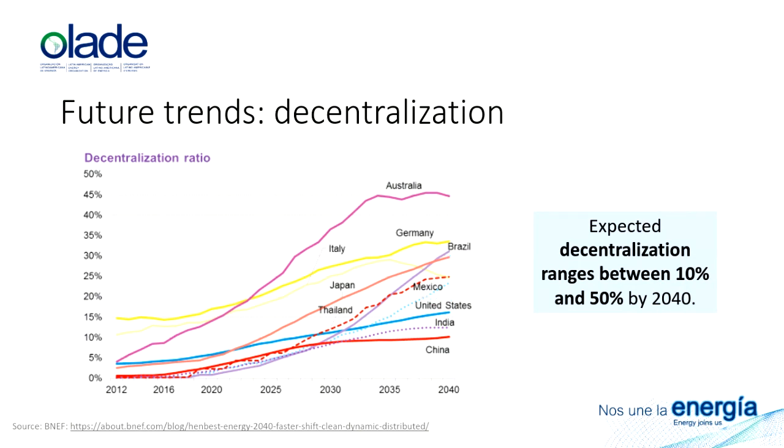But the decentralization ranges are expected to be between 10 and 50% by 2040, and even 10% is a huge participation when you think of the generation sector or the grid as a whole. So this is something that's coming, and we should really be looking at the medium or long term and keeping an eye on these technologies as they develop.